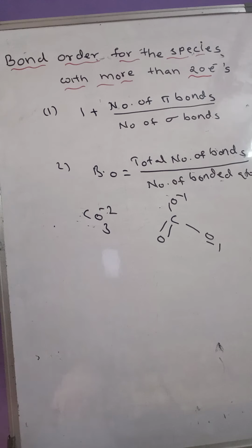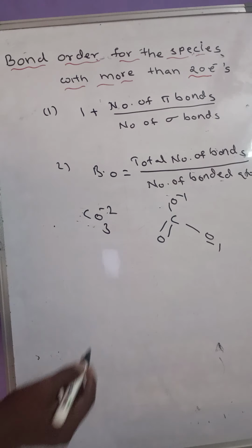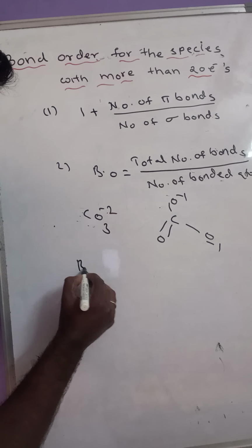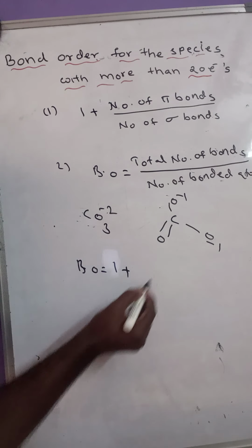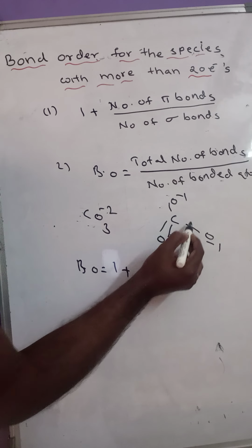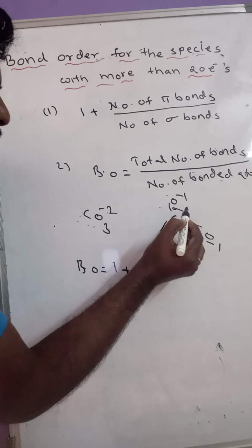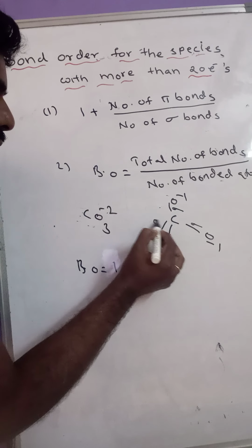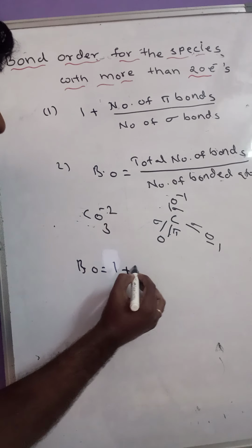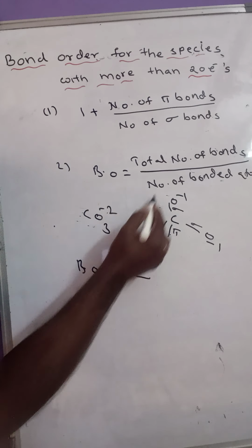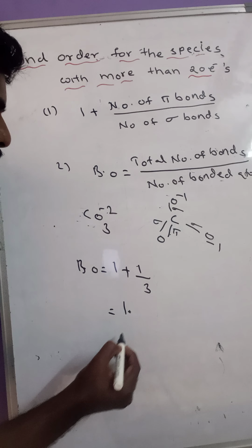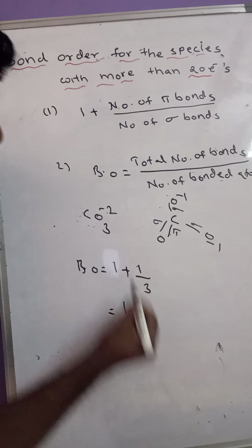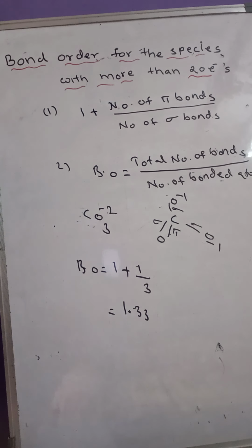Now we count, using the first formula. Bond order equals 1 plus the number of pi bonds. These are sigma bonds, and here one is sigma and one is pi. So 1 plus 1 divided by the number of sigma bonds, 3, gives 1.33.